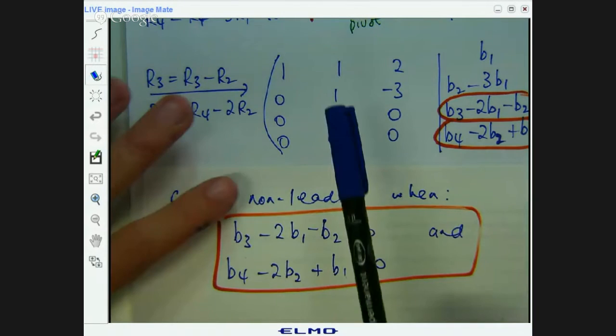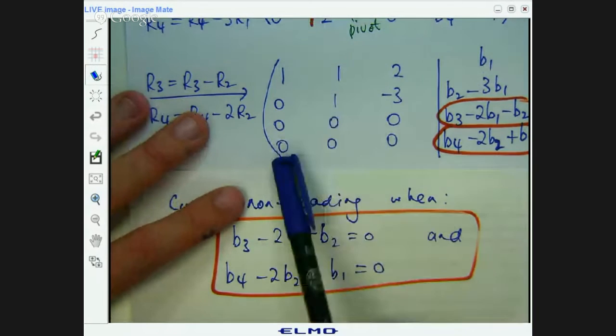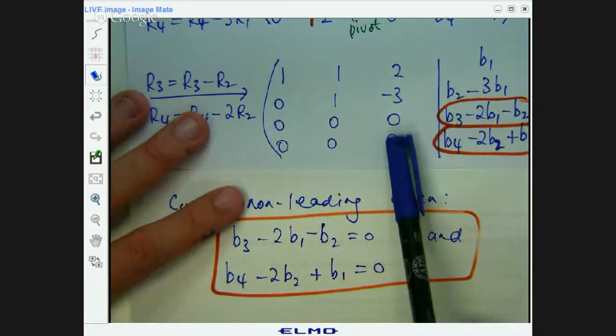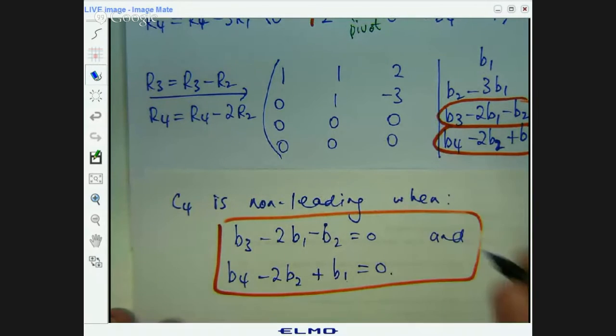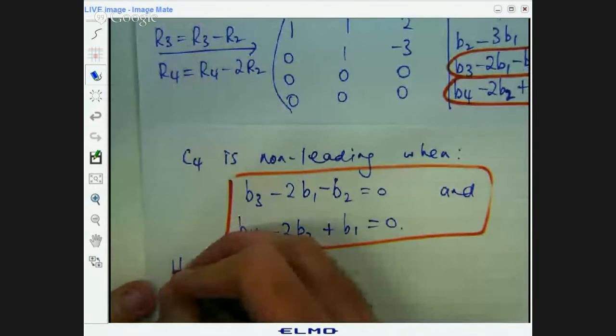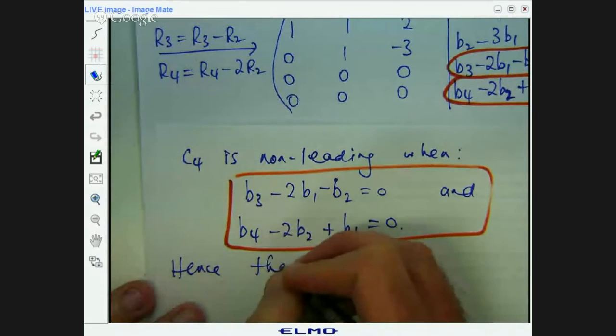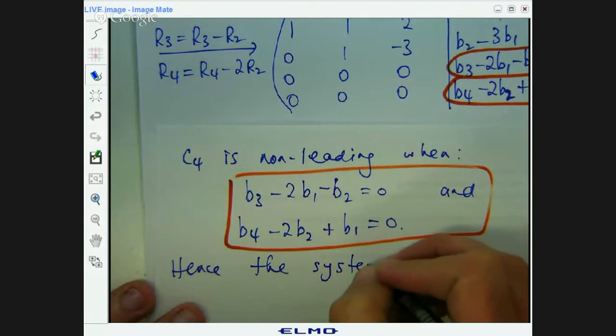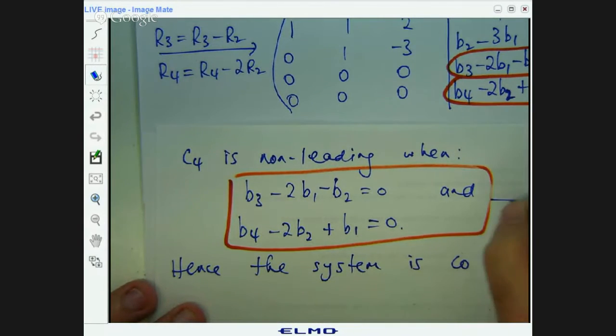And in that case, all the other columns, well, that column's leading, that column's leading, that's not leading, but that's okay. Hence, the system is consistent. Let's call that star.